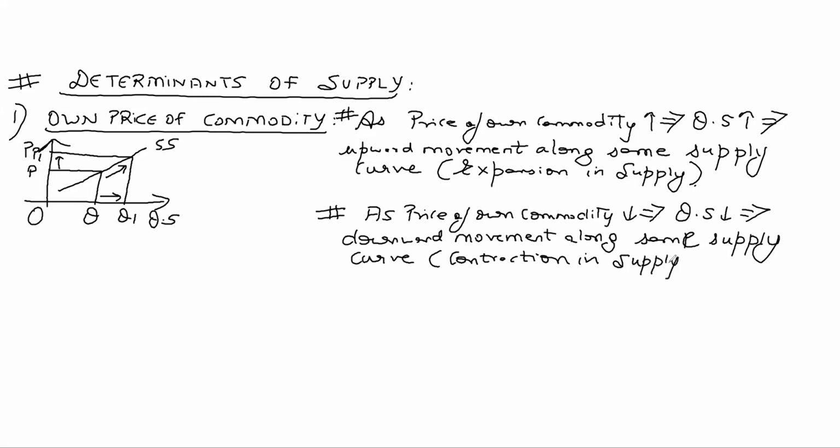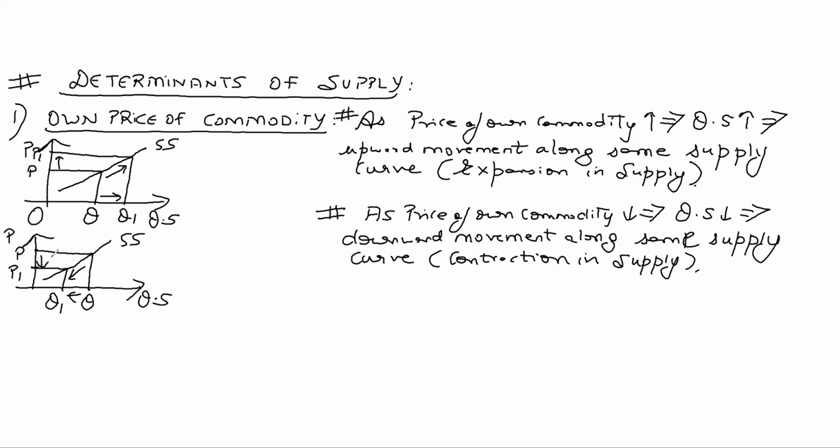Diagrammatically, you can see it. Everything is the same. I'm drawing smaller diagrams so that the screen can be utilized properly. So from OP, when the price falls to OP1, quantity supplied falls to OQ1. So this is contraction in supply. You can see in both the cases, the supply curve itself is not shifting. We are moving upwards and downwards along the same supply curve.